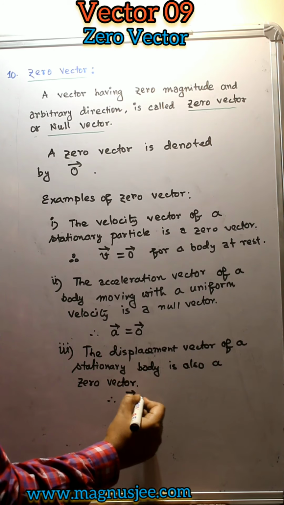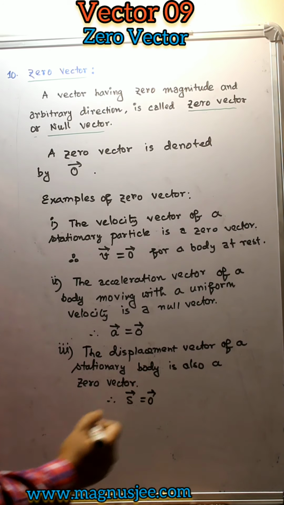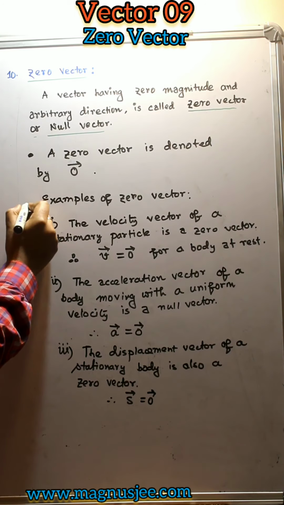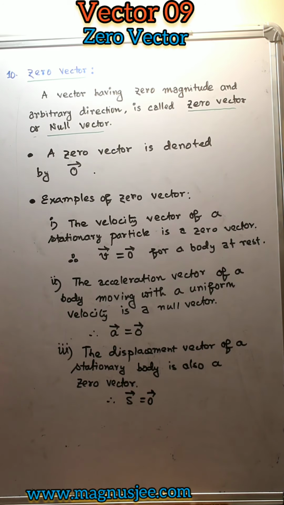Therefore, vector S is equal to zero vector or zero arrow. A zero vector is denoted by zero arrow, and these are examples of zero vector.